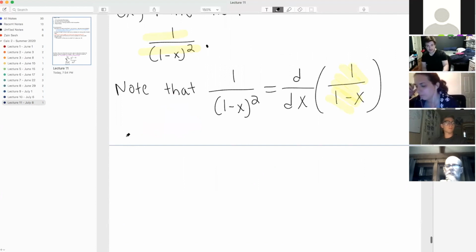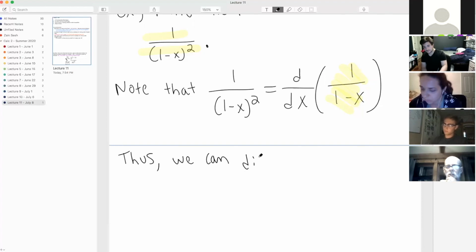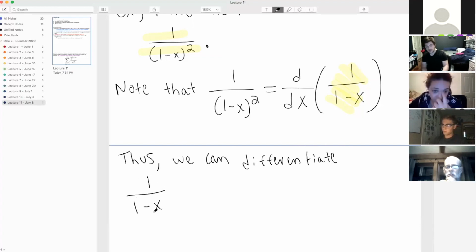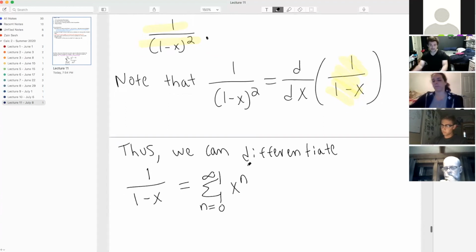So thus, we can differentiate 1 over 1 minus x, which, if you'll recall from earlier, is nothing other than the infinite series of x to the nth power.